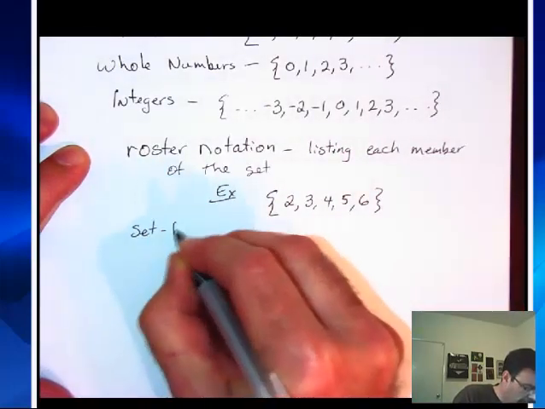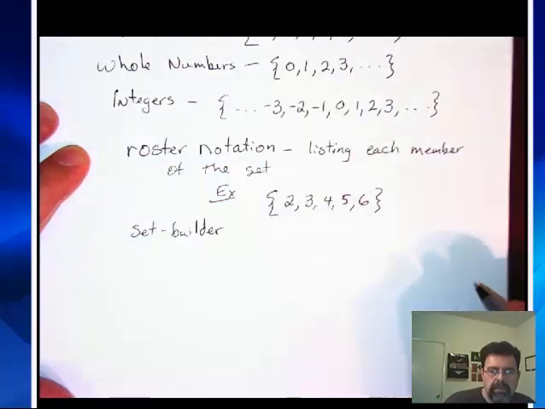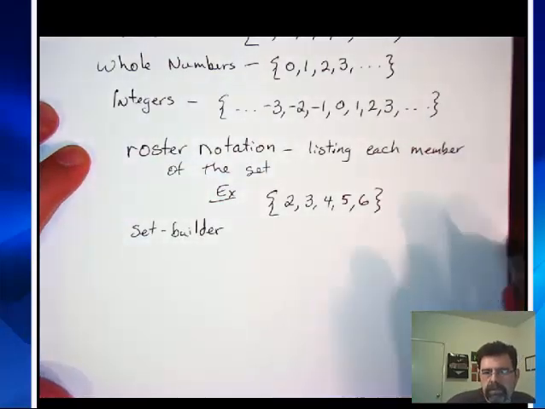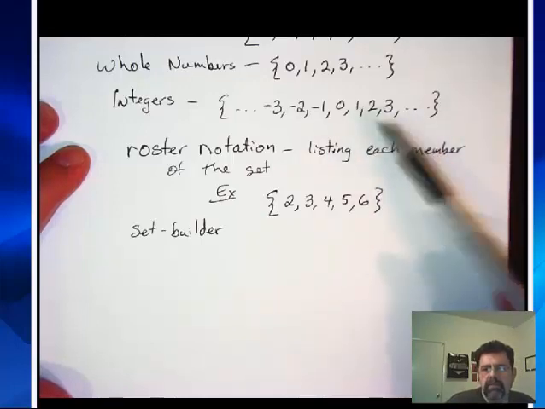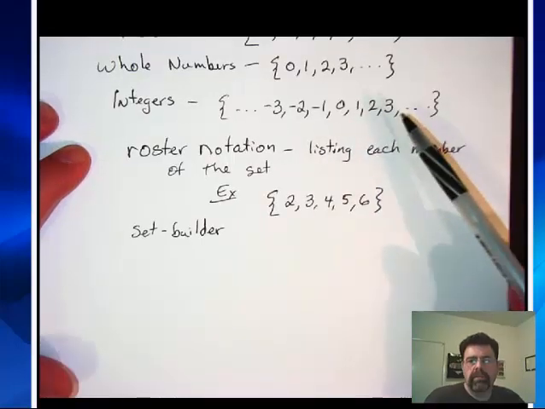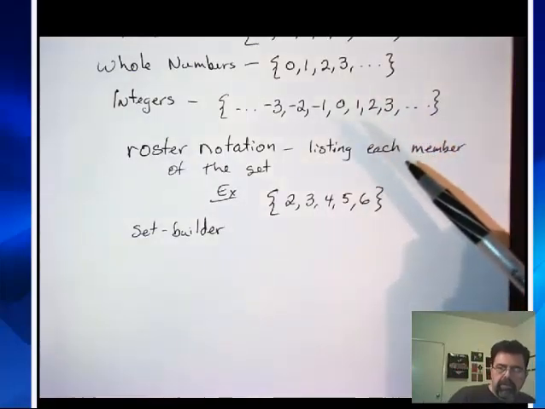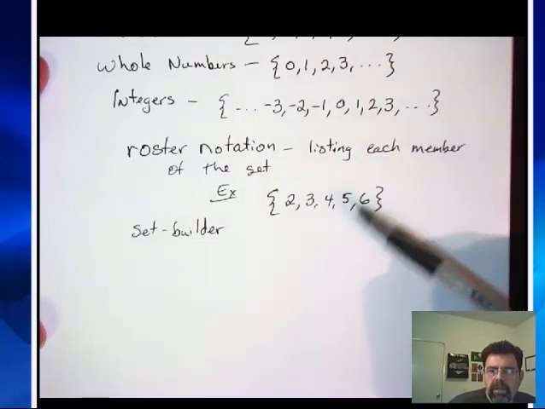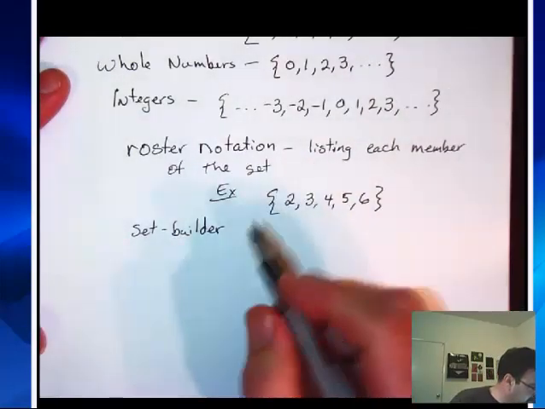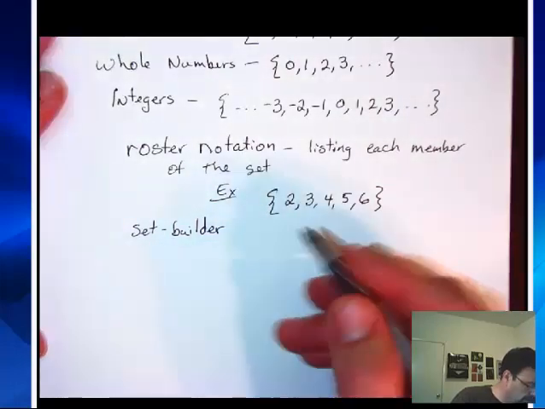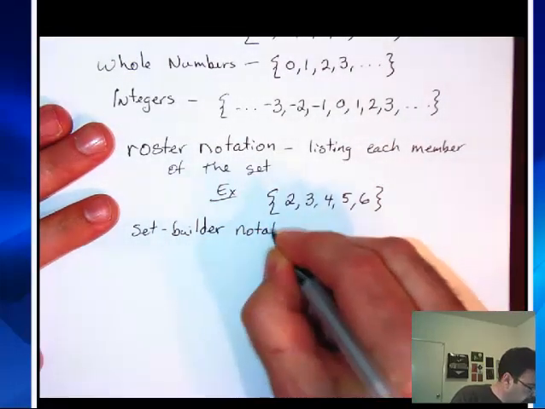Now, set builder notation. Sometimes it's impossible to use roster notation because you can't list them all out. Here it's implied, so this still would be roster notation. But even for some other sets, it's impossible to actually list out all the members. So we have this set builder notation.